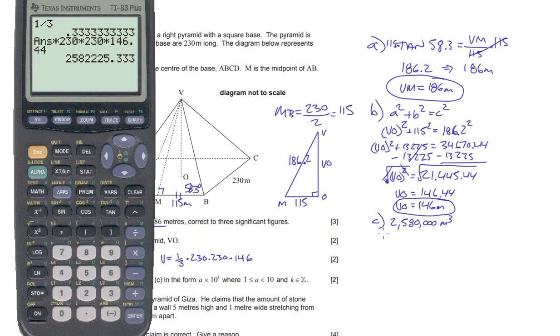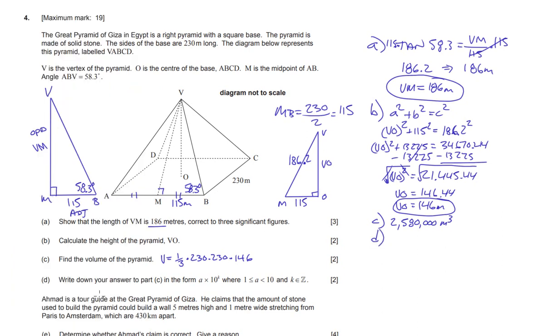Okay, so that is C. Part D: write down your answer to part C in the form A times 10 to the K, where 1 is less than or equal to A, less than 10, and K is an element of the integers. This big mess of stuff right here is IB secret code for scientific notation.